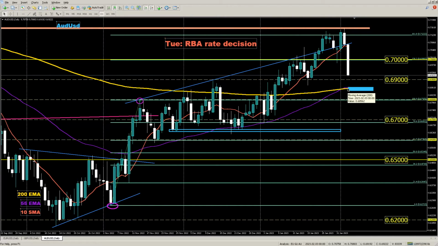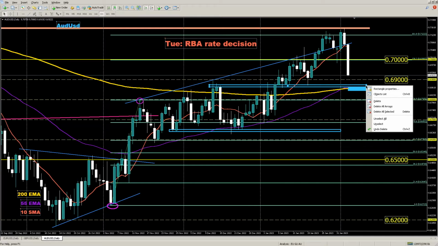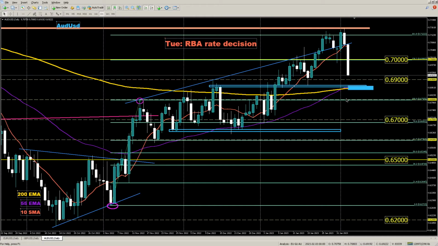And that's near the 68.60 area, and close to these swing lows here, as well as this swing high area. So within that zone, that's going to be a critical support.